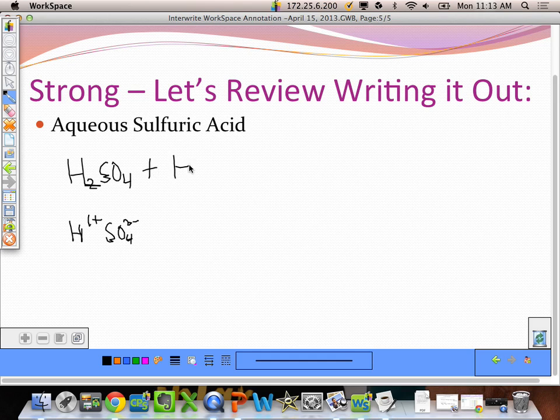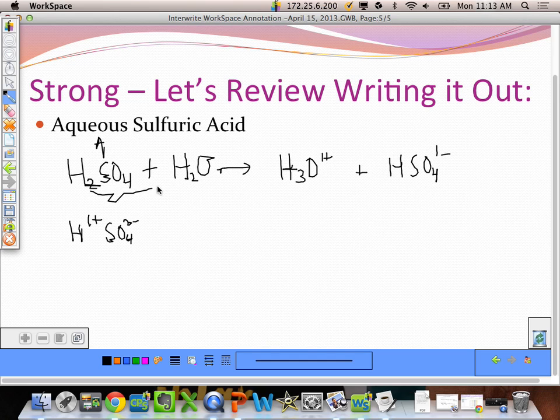Well, I'm going to put that into water, H2O. It will dissociate almost completely into H3O 1 positive plus HSO4 1 negative. It's because this is acting as an acid. It's donating a proton to the water, so that's a base.